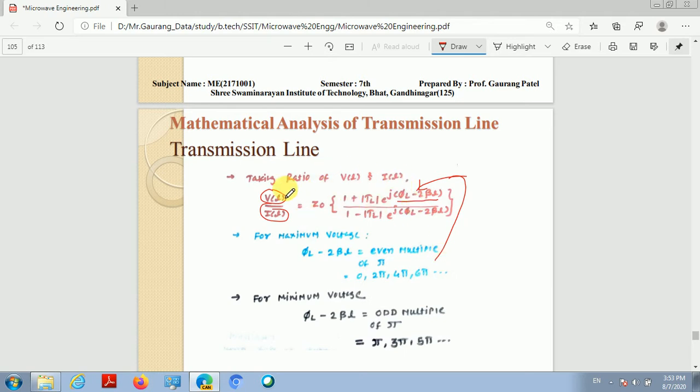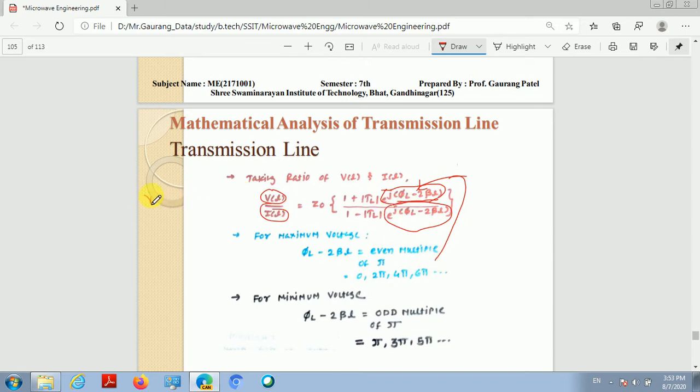Then the voltage will be maximum, because when this is an even multiple of pi, this exponential term will become 1. Similarly, this other exponential term also becomes 1, because both are similar.